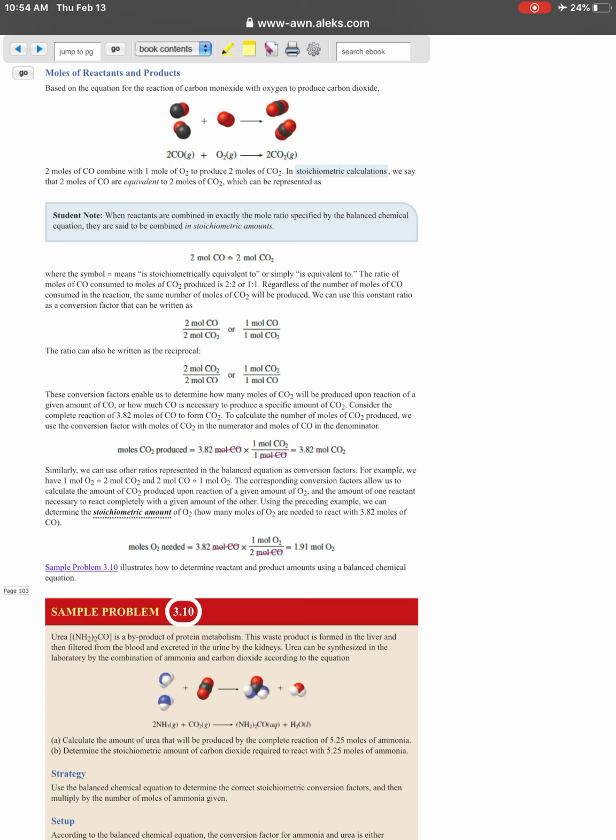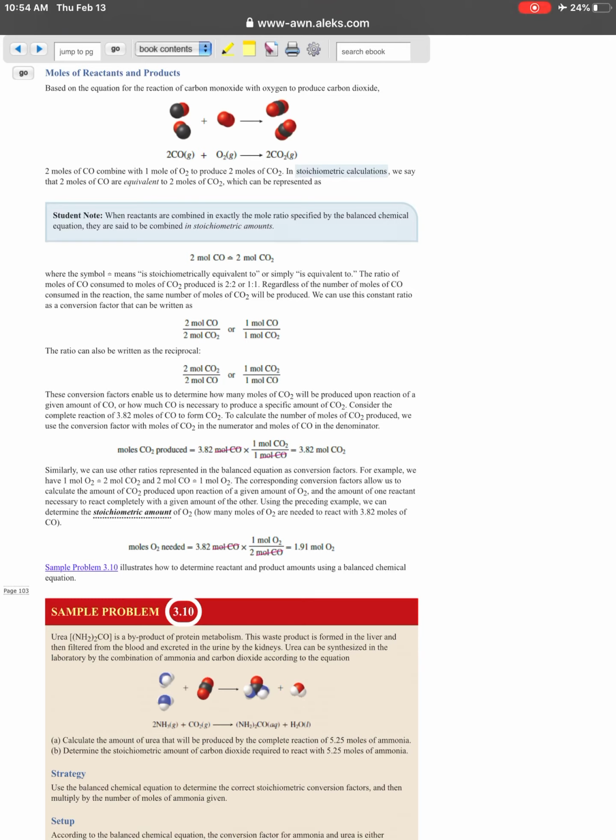So let's take a look at a numerical question. Consider the complete reaction of 3.82 moles of CO to form CO2. So someone tells us we have 3.82 moles of CO, and it's going to form CO2. How many moles of CO2 could you produce? Well, we're going to use that ratio.